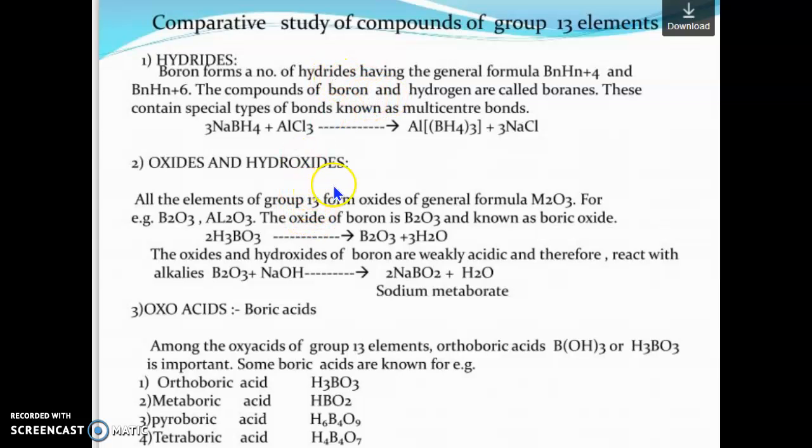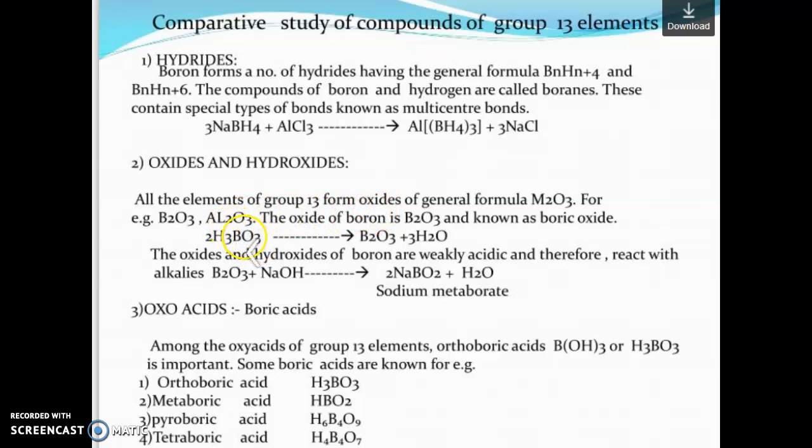Now the oxide and hydroxide. All the elements of group 13 form oxides of the general formula M2O3, for example B2O3, Al2O3. The oxide of boron is B2O3, known as boric oxide.